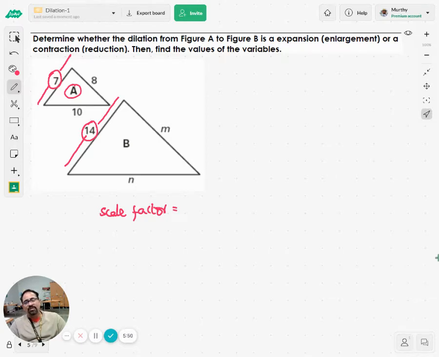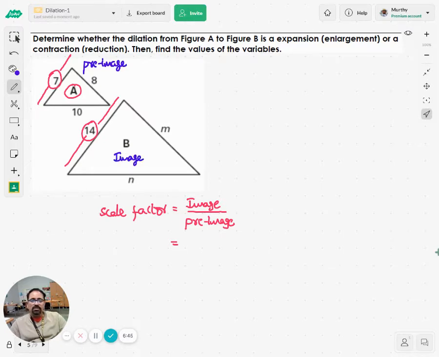S stands for scale factor, I is image, and P stands for pre-image. I hope you remember that the original one is the pre-image and the final one is the image.